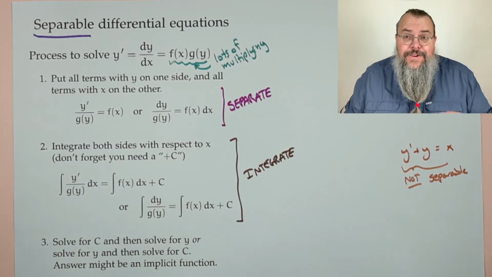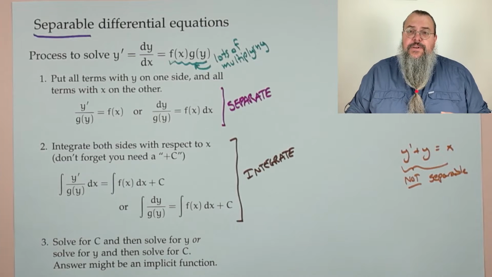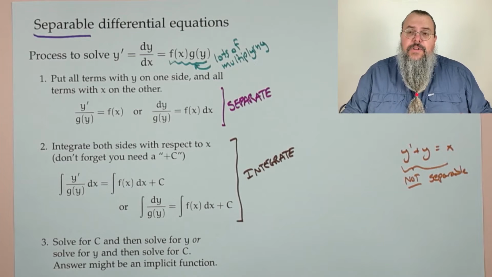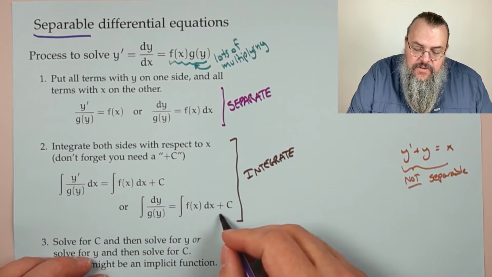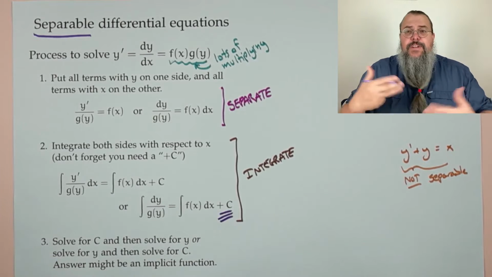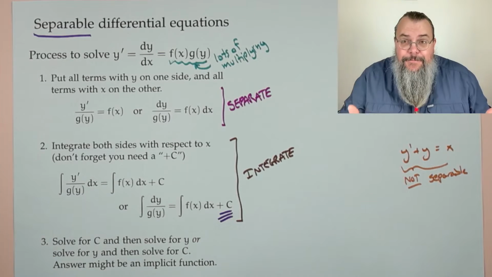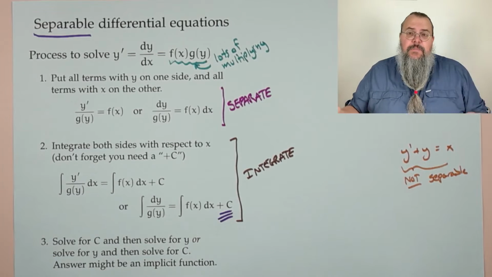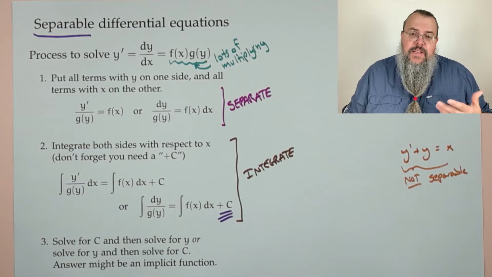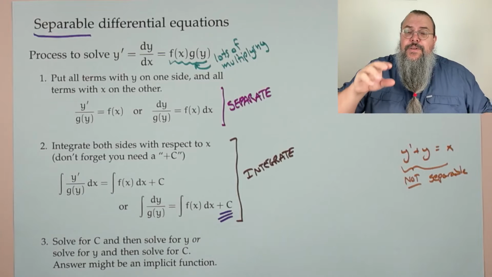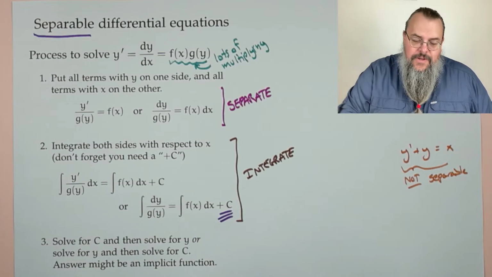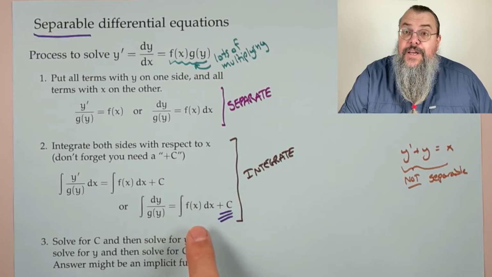Now, when you integrate, these are indefinite integrals, so what do you need? Well, you need a constant, a plus c. Whenever we solve a differential equation, there's always going to be a plus c showing up somewhere. And so we need to be mindful of what that plus c is. Now, you may have said, well, wait, hold on. You had two integrals, one on the left, one on the right.